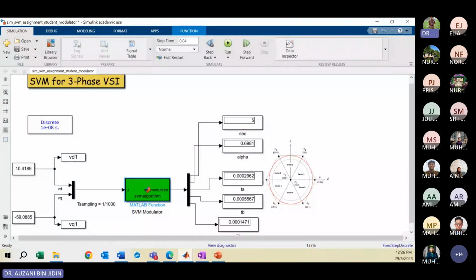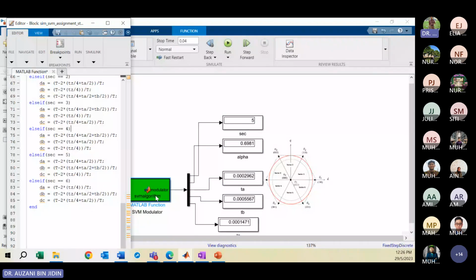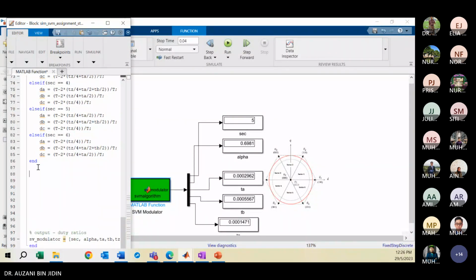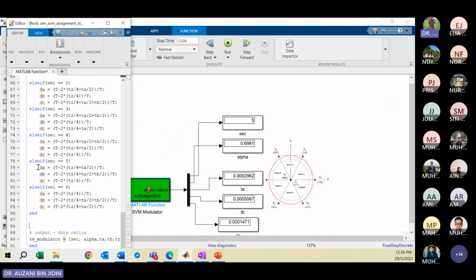To produce the switching state, maybe we need to change the output here. Please change the output, because before this we just did this one to verify the coding. So you have to change the output now to DA, DB, DC. This block is responsible for producing the duty ratio for each phase.